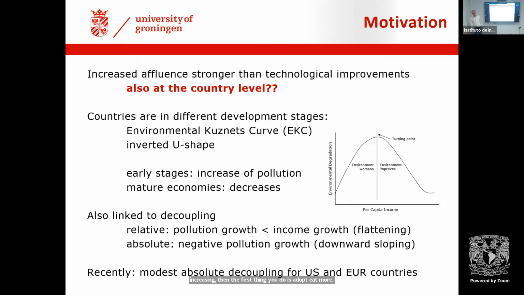Buy, also go to McDonald's now and then, do some luxurious things, and only after that you start worrying about the environment. So if you're going from very poor to developing a little bit, no wonder you see that emissions increase, basically because people start consuming much more, enjoying their additional wealth.